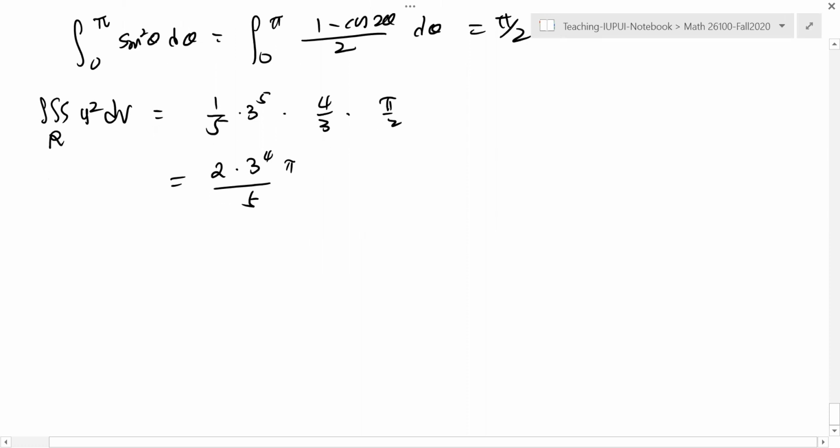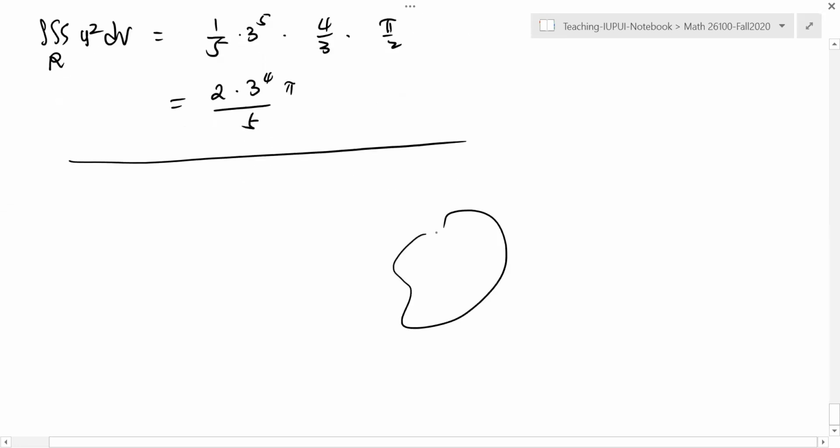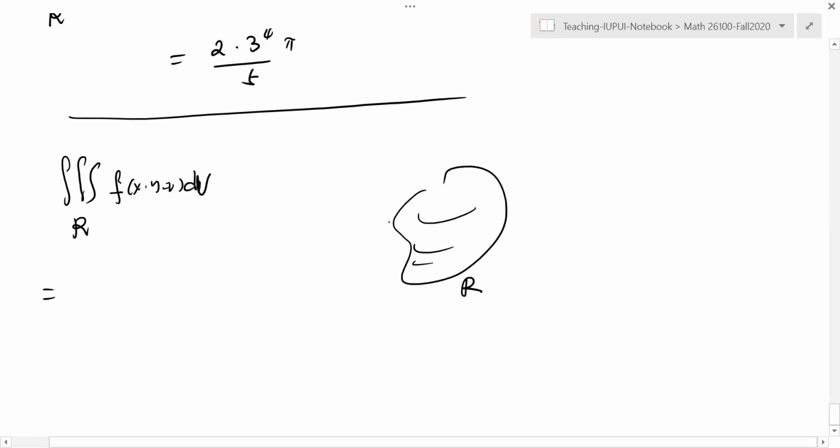Okay, for the triple integral, let me mention the iterative integrals again. If you have a region in space, how do you change it to an iterative integral? You can do it two different ways.